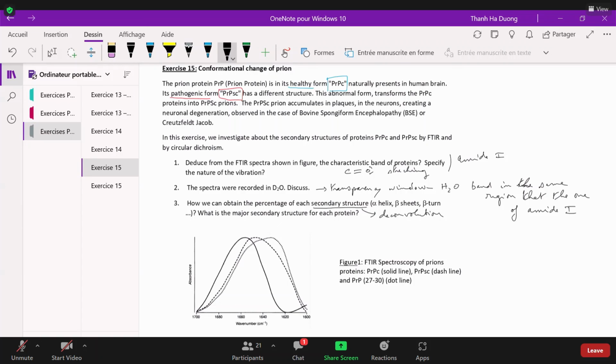And what is the major secondary structure for each protein? For example, the dotted line means the PrPC. Let's see, the maximum is here, at 1630 cm⁻¹.